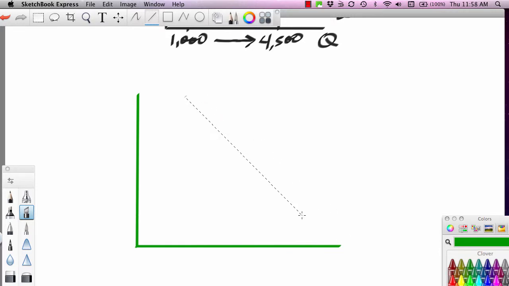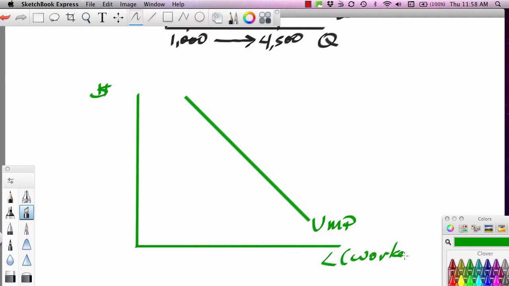And here's the VMP curve. This is the VMP curve. So if you plot VMP against L, in this case workers, as you increase the number of workers, as you increase L, what happens? VMP decreases. And we saw that in our table.